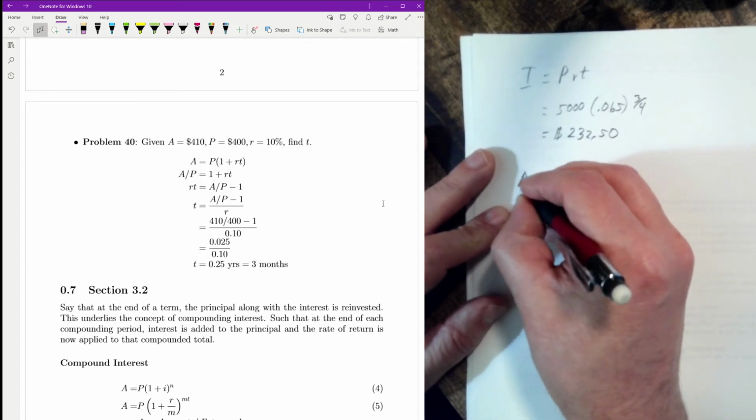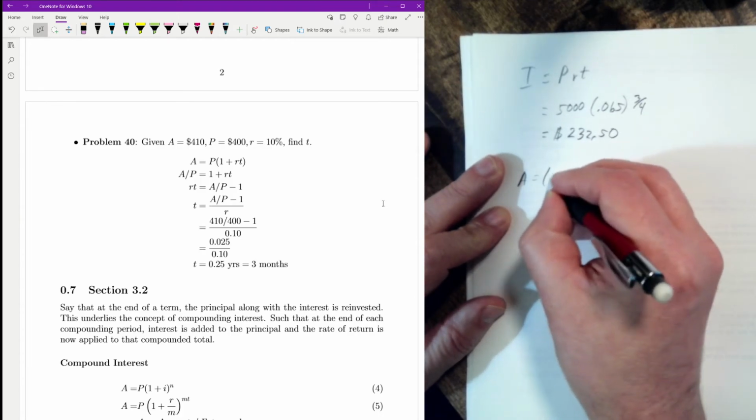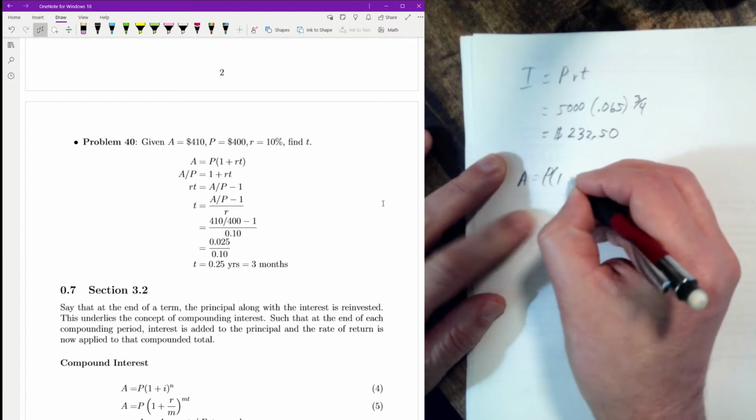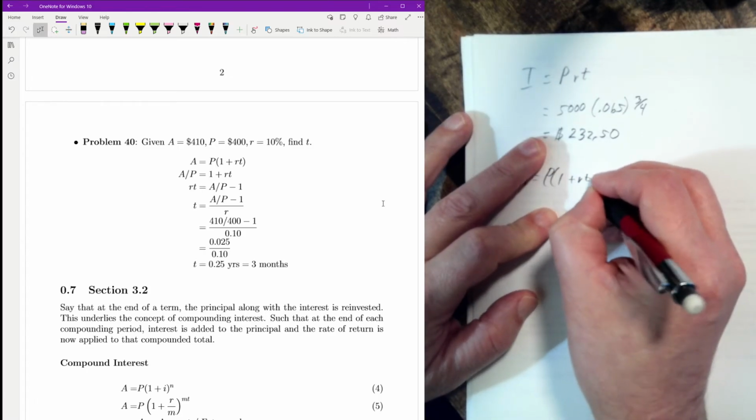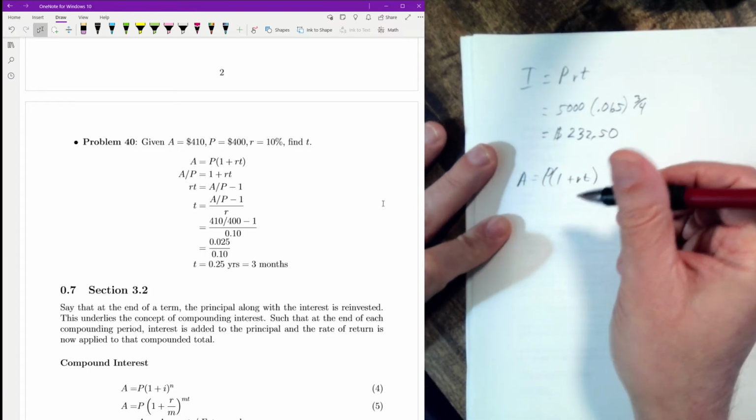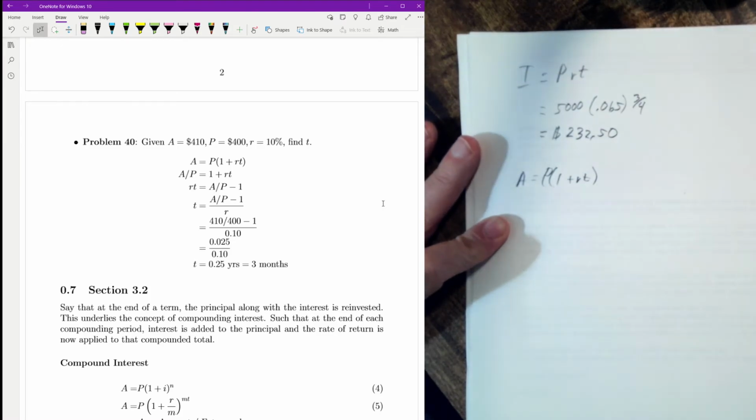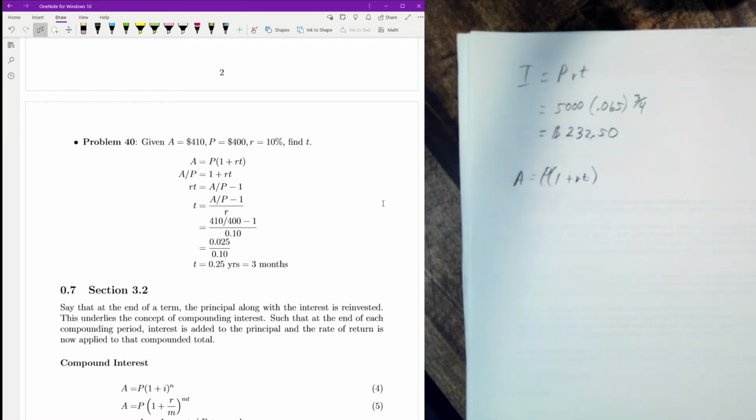Equation number 3 is the amount, A, equals P times 1 plus RT. I like to manipulate my formula before I plug in the values. I find that it's a little bit easier to do. You do not have to do it that way. I'm going to generally do it that way because it allows you to reuse some of the results that you've calculated.